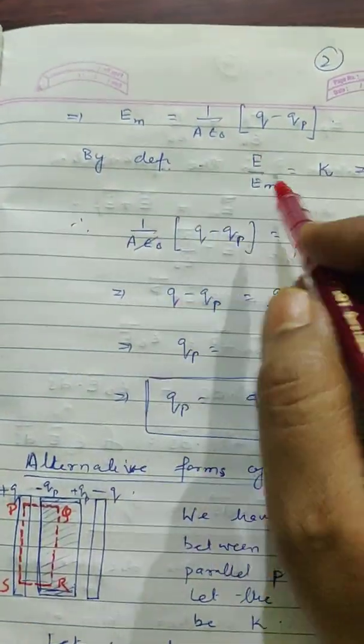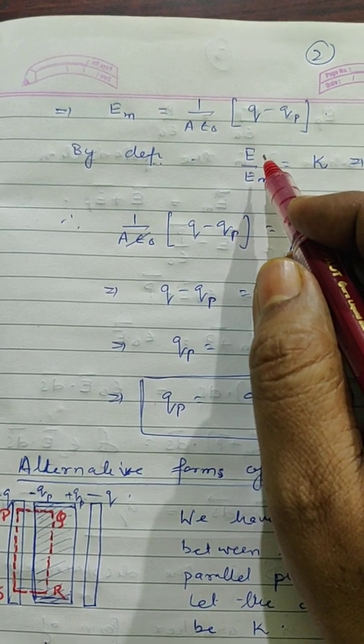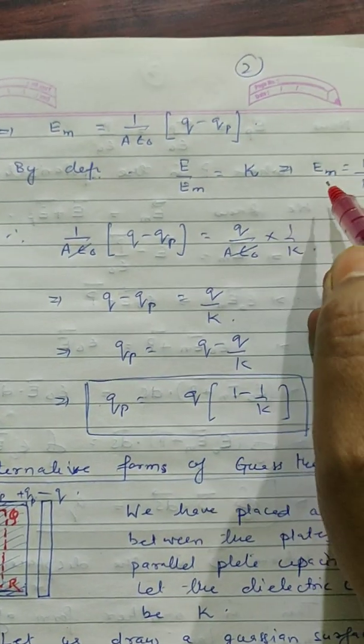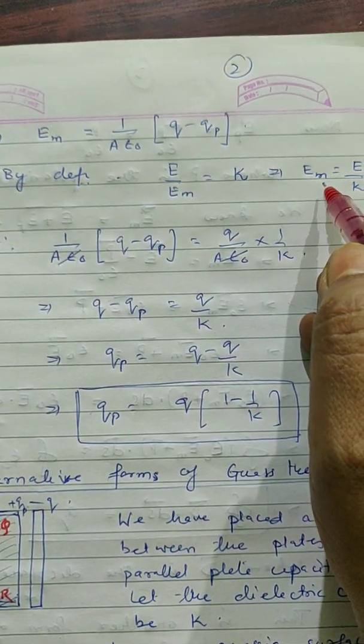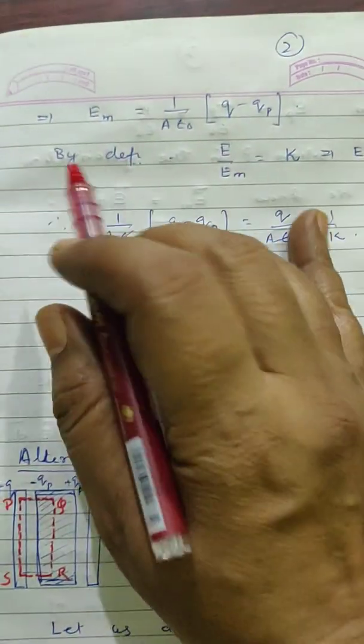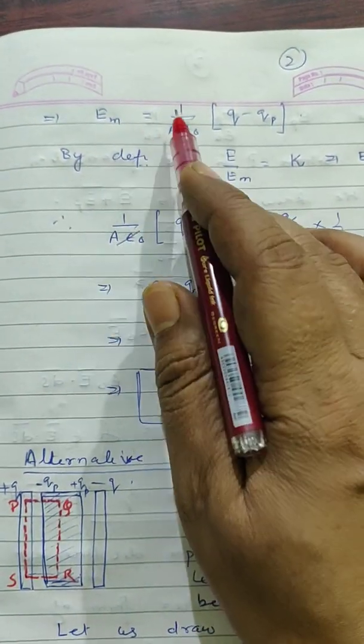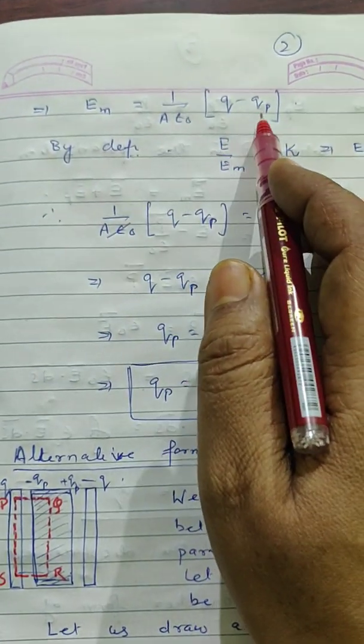And we know by definition that the electric field in vacuum to the electric field in medium is equal to the dielectric constant K. So we have replaced the electric field in the medium by E by K here, and so we have expressed EM as 1 by A epsilon naught into Q minus QP.